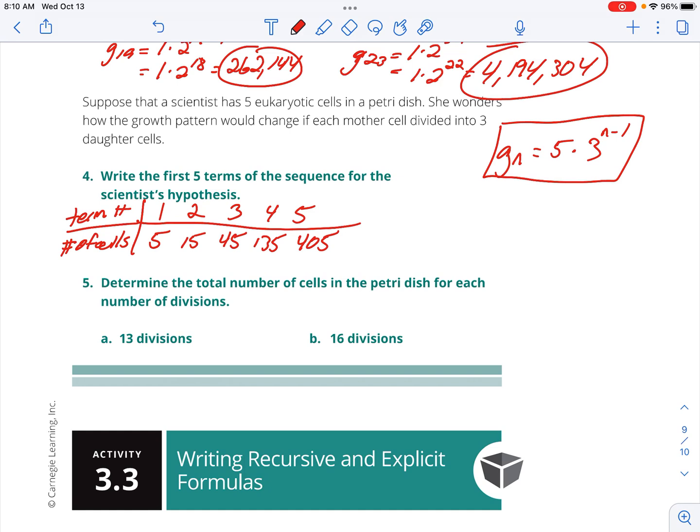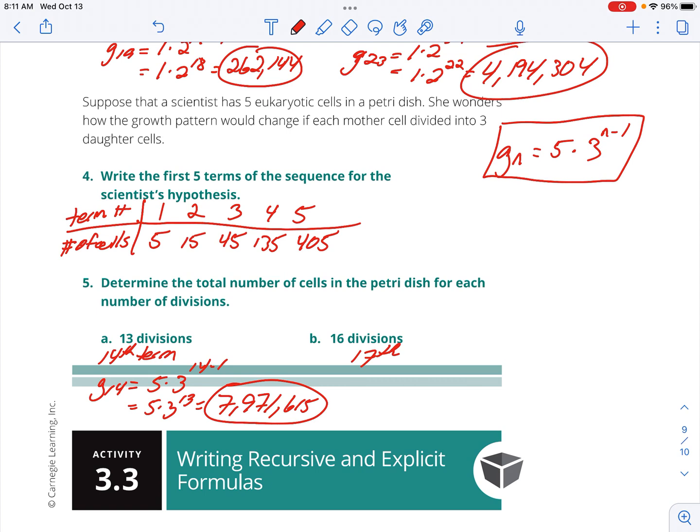Okay, so here we're talking about the 14th term. 5, we're using our new one. 13 cell divisions times the original 5, and we get a very large number very quick: 7,971,615 cells.